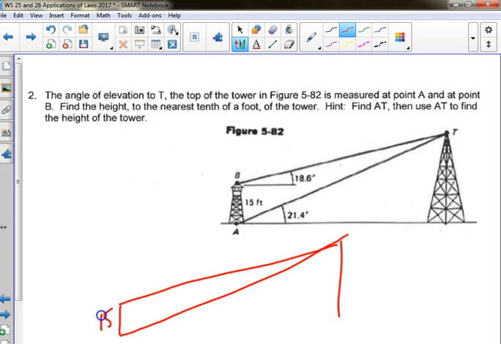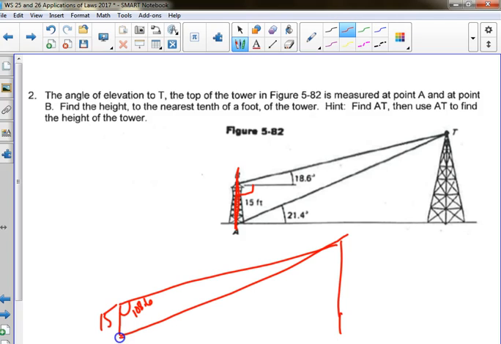This is 15 over here, right? Okay. If this is 18.6, can we find this whole angle right here? This is a straight up and down tower, so there's a 90 plus an 18.6. Does everybody see that? So this angle in this corner would be, did I add that right, 108.6? Or is it 118? No, it's 108, right? Okay.